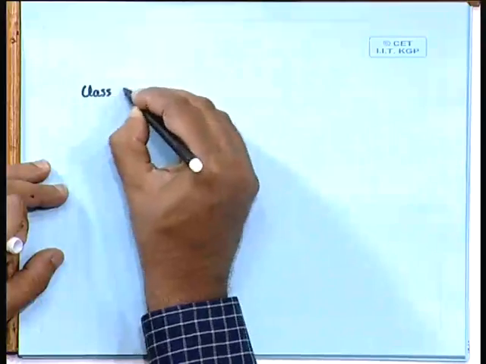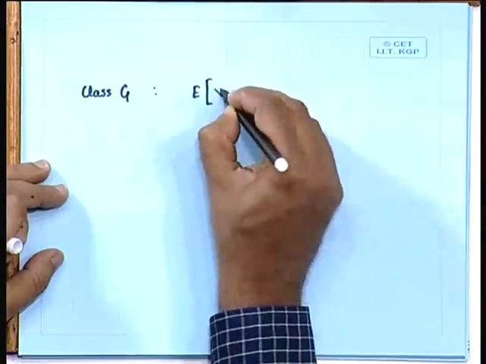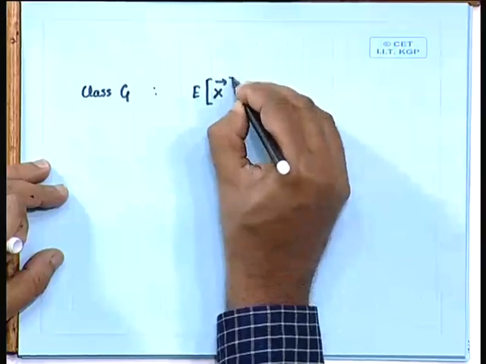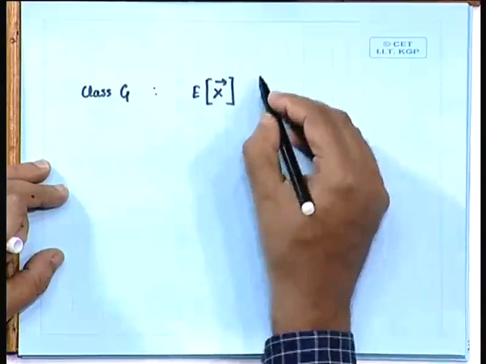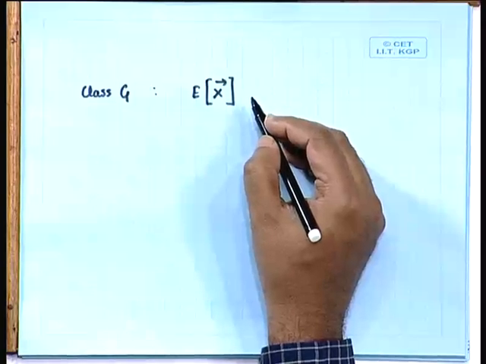So let us consider a two class classifier problem where for the class C1 we are going to have the expectation of this random variable capital X equal to the mean.